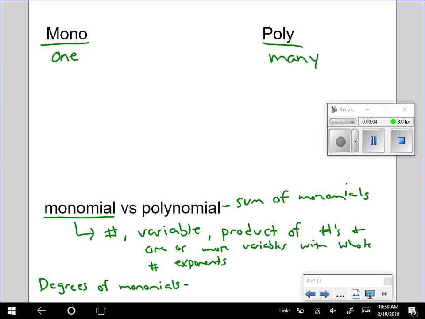Degree of a monomial: it's the sum of the exponents of the variables in the monomial.